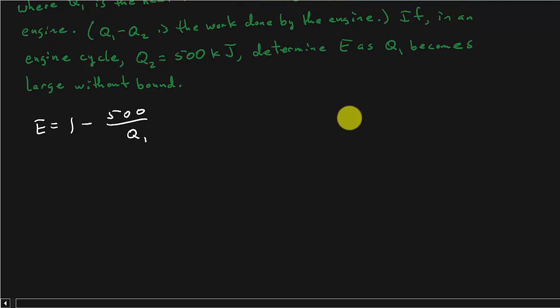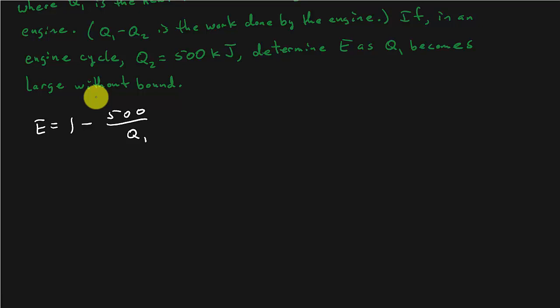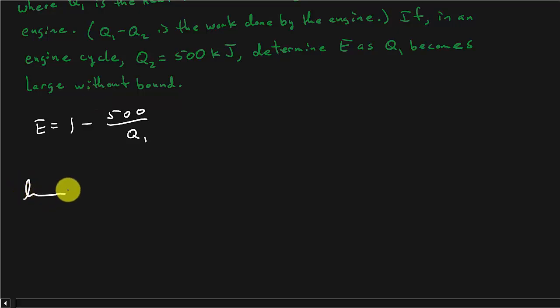Well, that's what we're going to do. We're going to take the limit as Q1 becomes larger and larger without bound. So in other words, what does that mean? Q1 is going to infinity. So all I'm going to do here is take the limit of this function, 1 minus 500 over Q1, as Q1 goes to infinity.